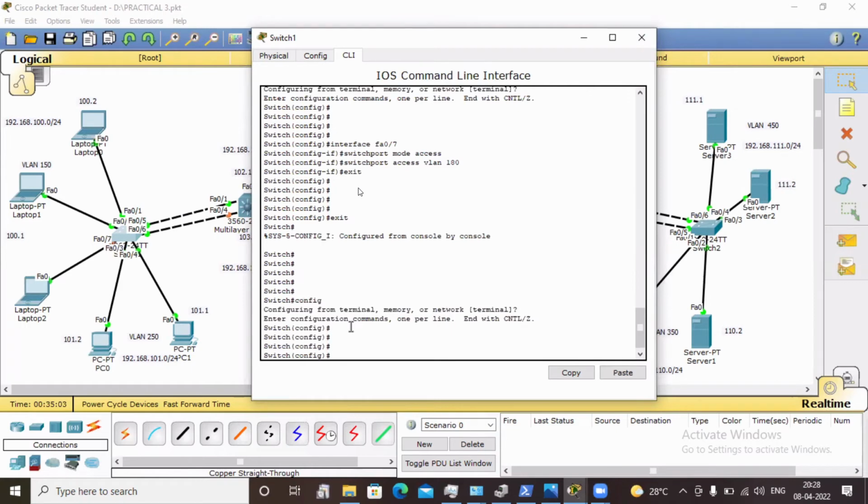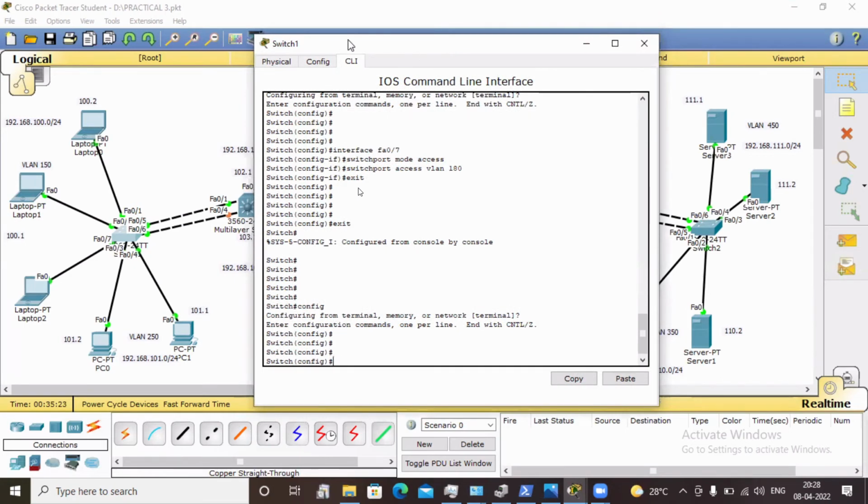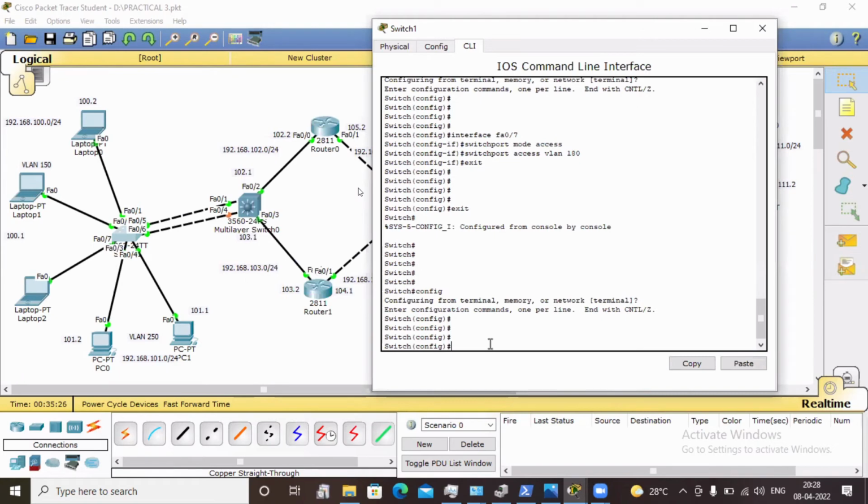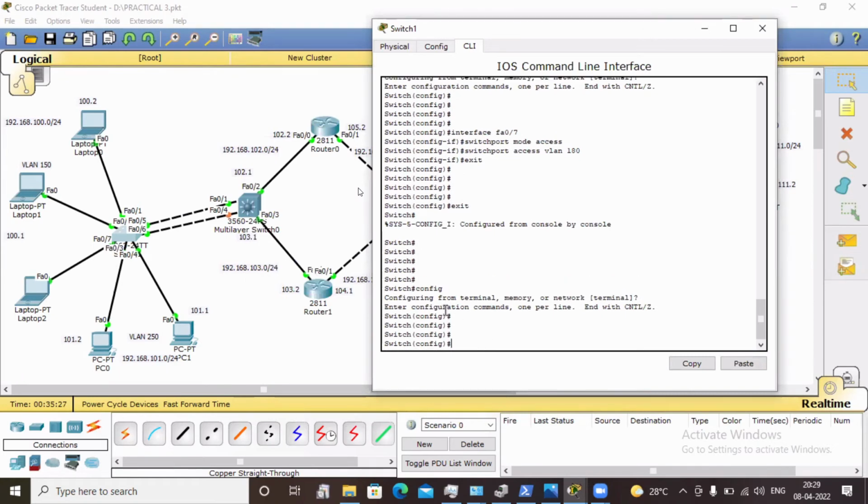I'm asking, on the L3 switch we have to give the command interface VLAN 180 with an IP address. That layer 3 VLAN interface we need to create.